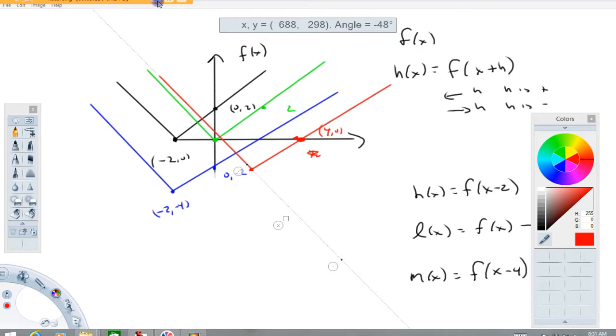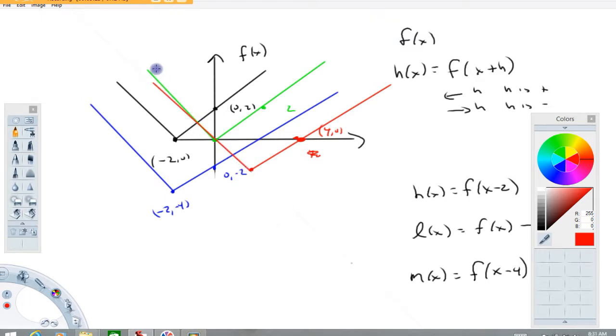Okay, I'm back here. I've thought about that a little bit. I'm going to go back and modify this graph just slightly. This does, in fact, go through the origin. I'll explain why. Remember that I don't have a scale on this page. These are just sketches. But when you look at the original graph, this is -2, and this one's plus 2.